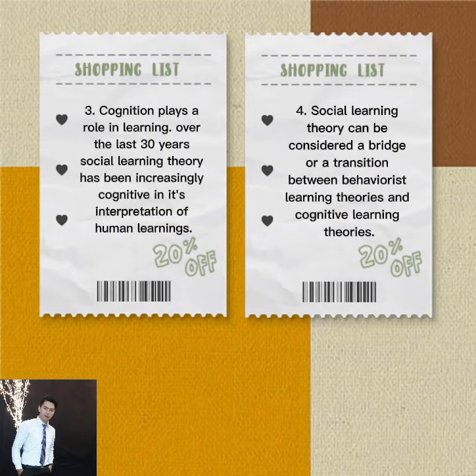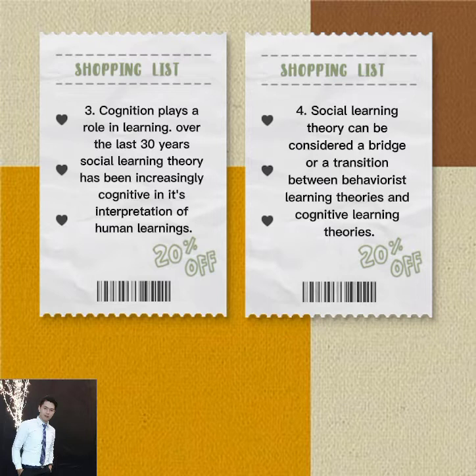Cognition plays a role in learning. Over the last 30 years, social learning theory has become increasingly cognitive in its interpretations of human learning. Why? Because cognition is defined as the mental action or process of acquiring knowledge and understanding through thought, experience, and the senses.